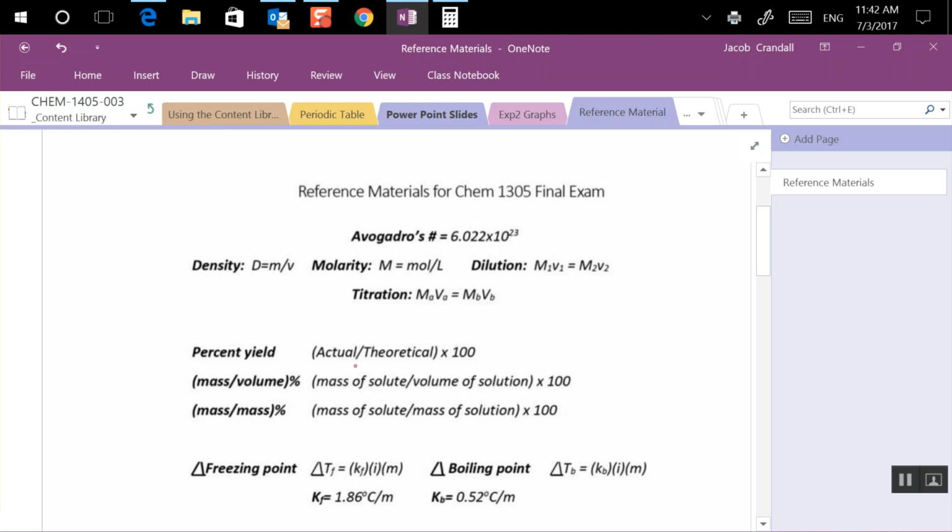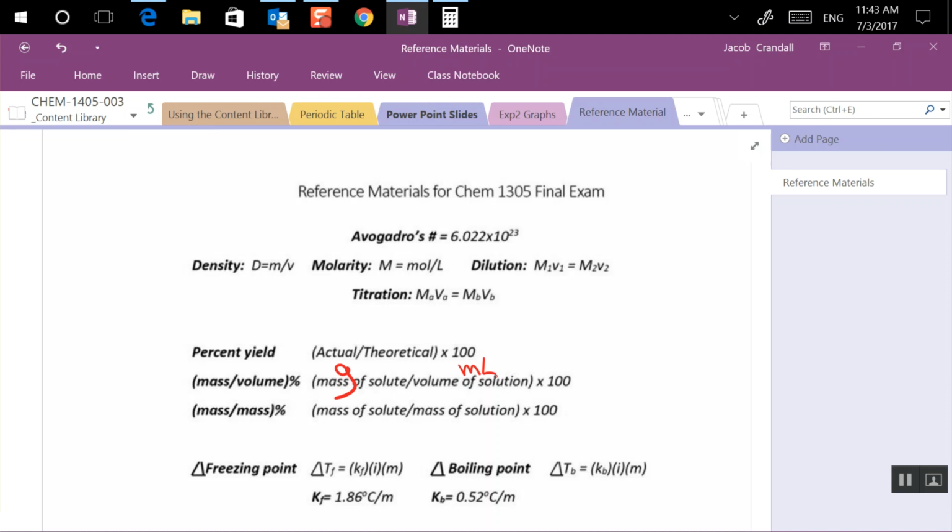Mass of solute will be in what units? Grams. Volume of solution will be in what units? Milliliters. Just kind of like density, grams per milliliter, times 100. Mass per volume.